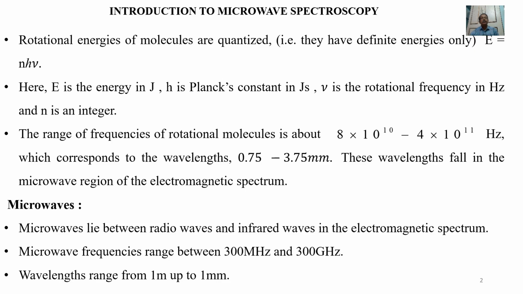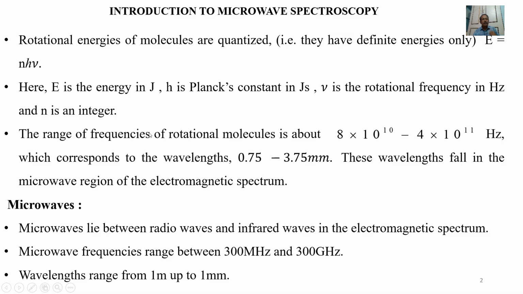So before we start, let us have some introduction about microwave spectroscopy. Rotational energies of molecules are quantized. That is, they have definite energies only, E equals n h nu. Here E is the energy in joules, h is the Planck constant in joule second, nu is the rotational frequency in hertz, and n is an integer.